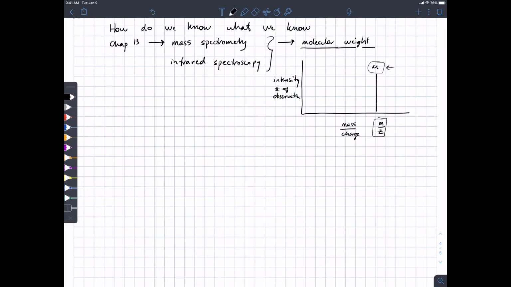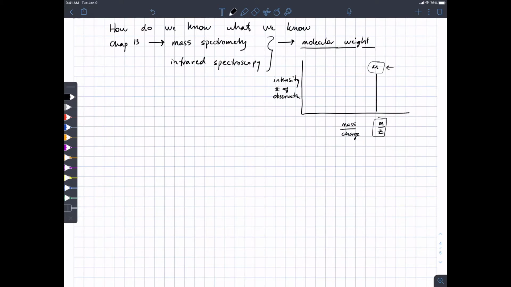Some people in the past have tried to use mass spectrometry to determine a lot about the connectivity of a molecule, and you can, but there are much easier ways to do it now. So honestly, what most of us, at least in the organic area, use mass spec for is to confirm that our product has the right molecular formula.